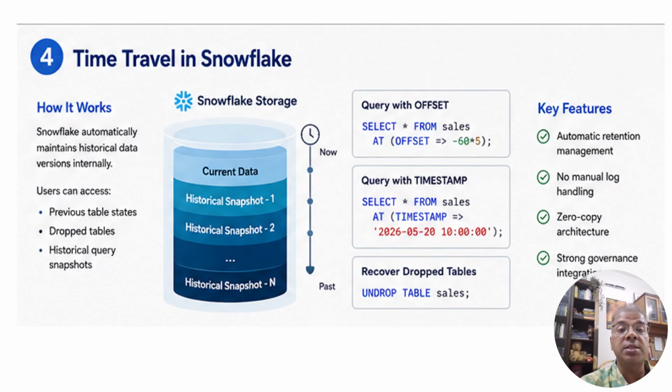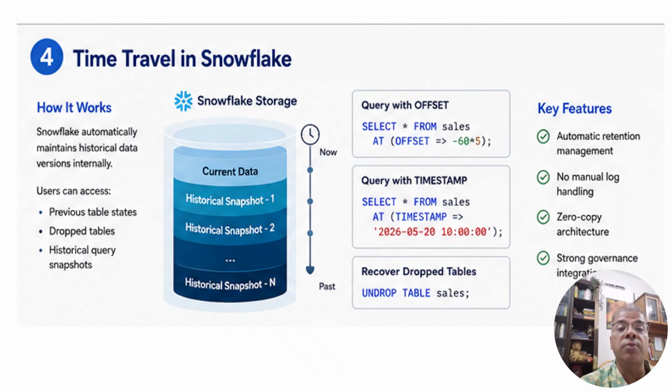Users can access previous table states, dropped objects, and historical snapshots. The SQL syntax is also very straightforward, using timestamp or offsets. Snowflake additionally supports features like undrop, which helps recover accidentally deleted tables.